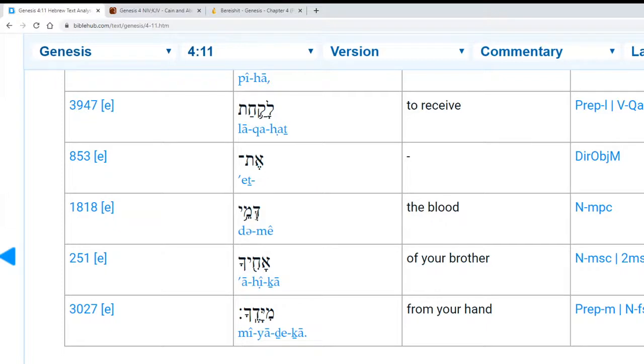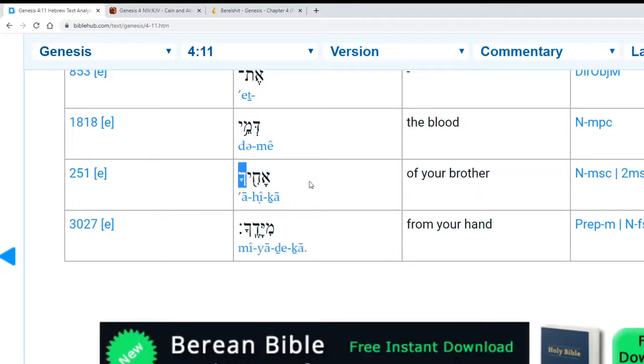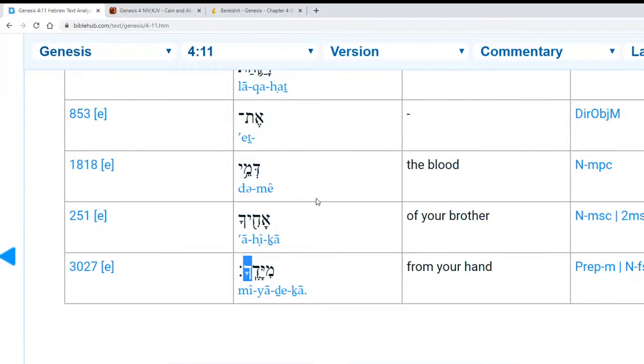Direct object marker. Damim here in the construct form of blood. Deme achicha, the blood of your brother. The chaf at the end is your brother. Mi yadecha. So prepositional mem, yad meaning hand, chaf, you, second person masculine singular.